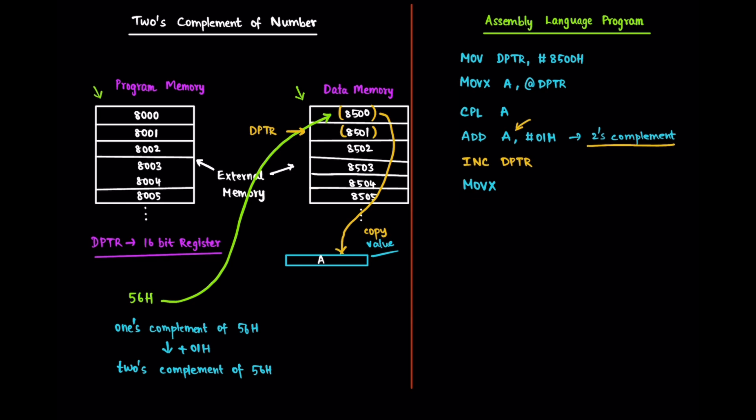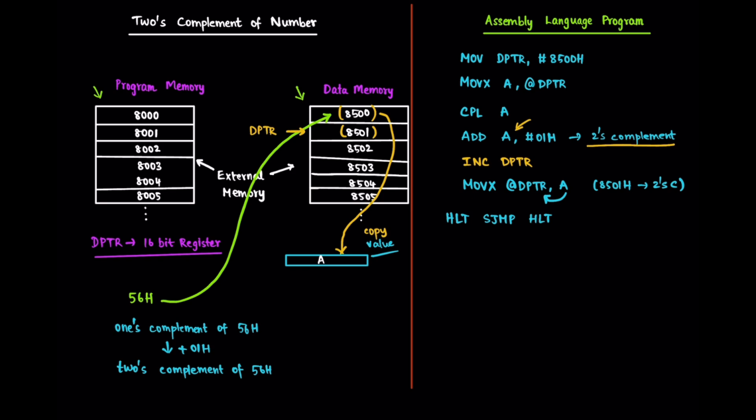And then I'm going to write @DPTR, A. So from A it goes to the DPTR location which is 8501H. 8501H has the 2's complement. And now I have to halt the program, and for that I'm going to write halt: SJMP halt. This instruction jumps back to itself and halts the program automatically.